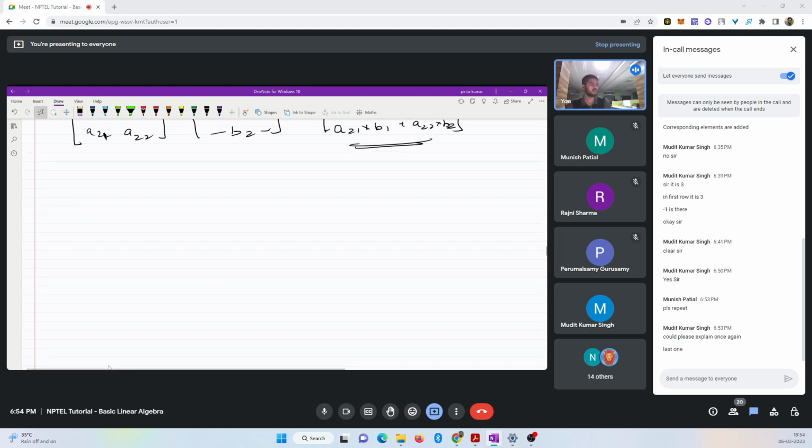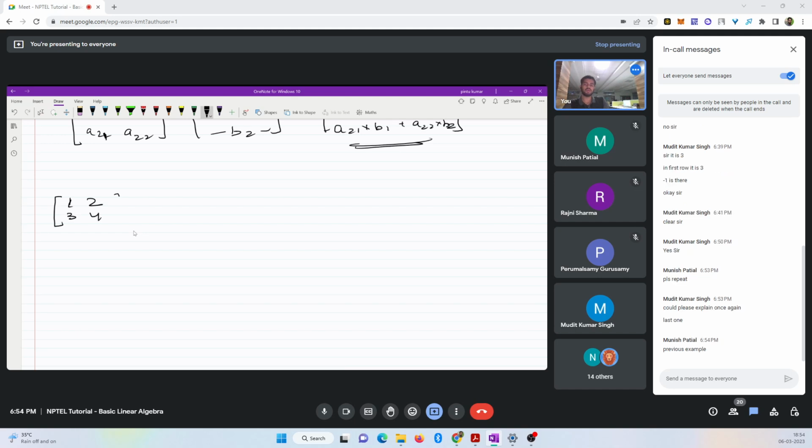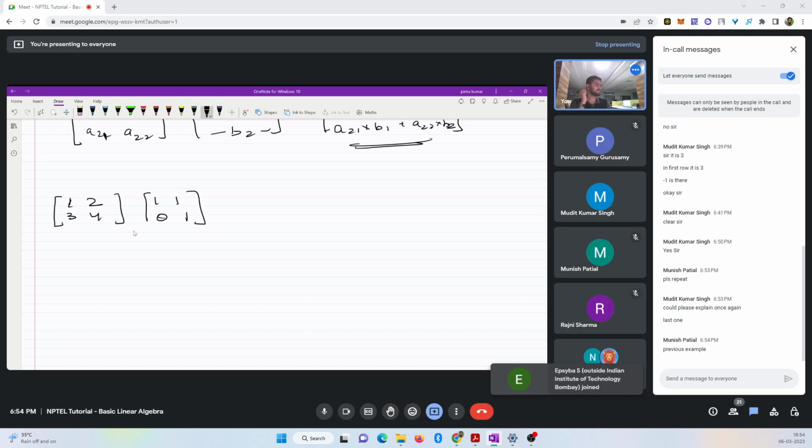I'll take an example; that would be better. Let's say this is our matrix 1, 2, 3, 4, and we want to multiply it with 1, 1, 0, 1. If we had just 1, 2, 3, 4 and 1, 0, how would we multiply it?